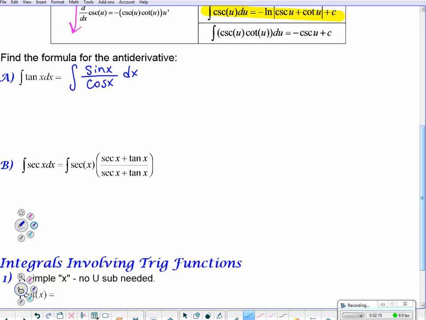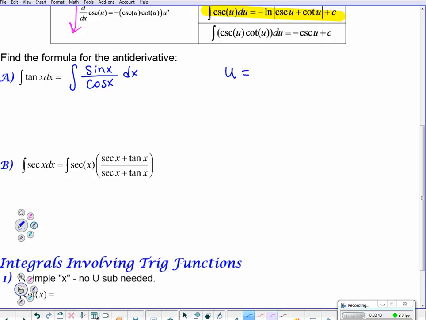And if you think about it, this is looking lovely. Let's let u equal cosine, let it be the denominator. Take the derivative of each side. Let me get this straightened out, guys.